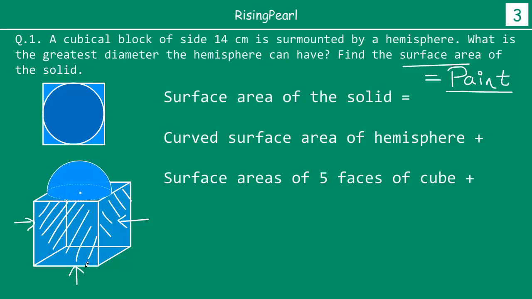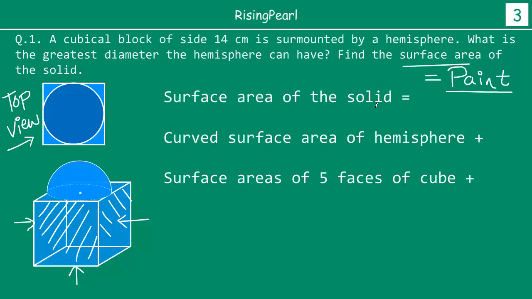So 5 faces of the cube: front, back, 1 and 2, left, right, 3 and 4, and the base, which is the 5th. What we have not talked about is the top. And this is a top view, so because this is a top view, we can look clearly at what is going on at the top.